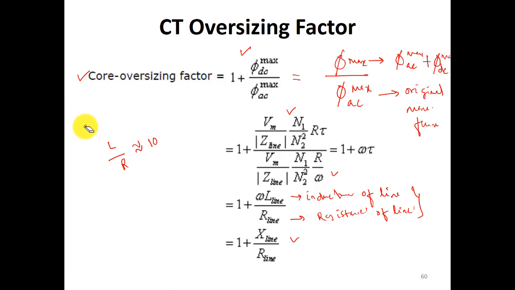So if we substitute this value here, it will become around 11. That means we have to increase the core cross section 11 times.